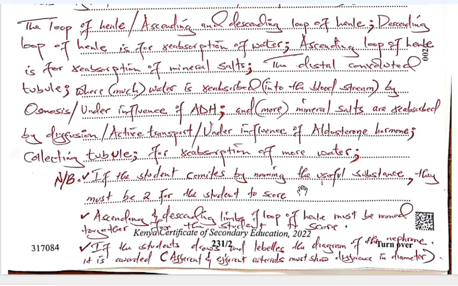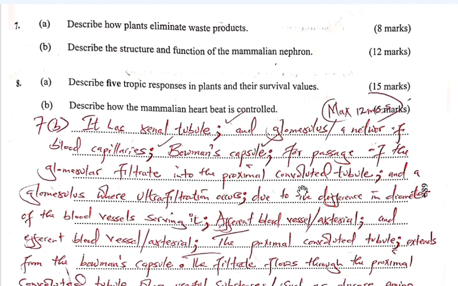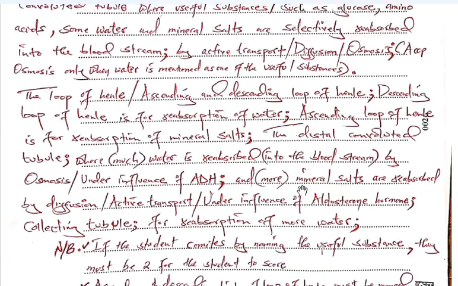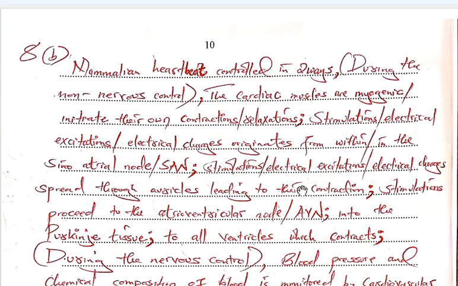Then question 8b, we have how the mammalian heartbeat is controlled. The heartbeat, how it is controlled, we have two ways. During the non-nervous control, the cardiac muscles are myogenic.